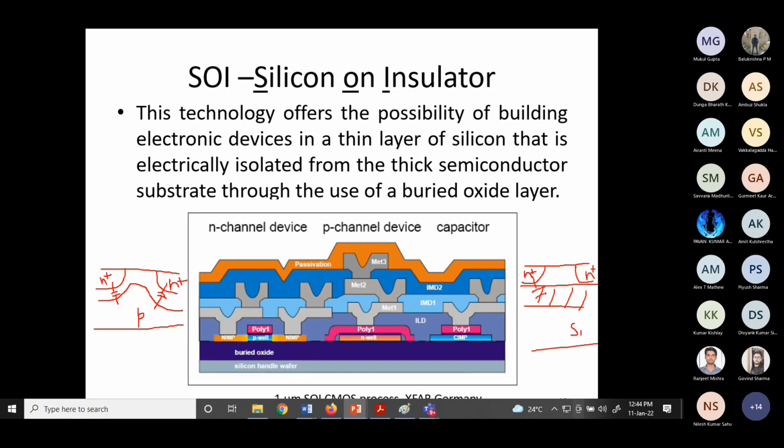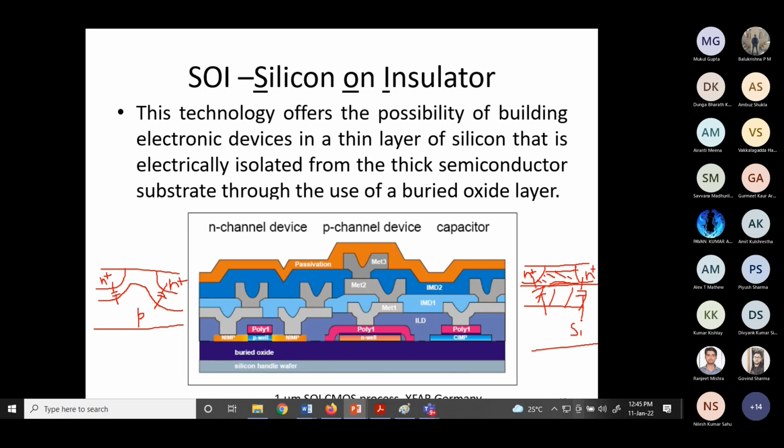So you see now the capacitance here, you manage to reduce drastically, because the depletion region is almost here, and your entire active silicon layer is almost depleted. There is a channel here, and then there is this buried oxide. So the thickness of this dielectric, which is the depletion region plus this buried oxide, will reduce this capacitance drastically.